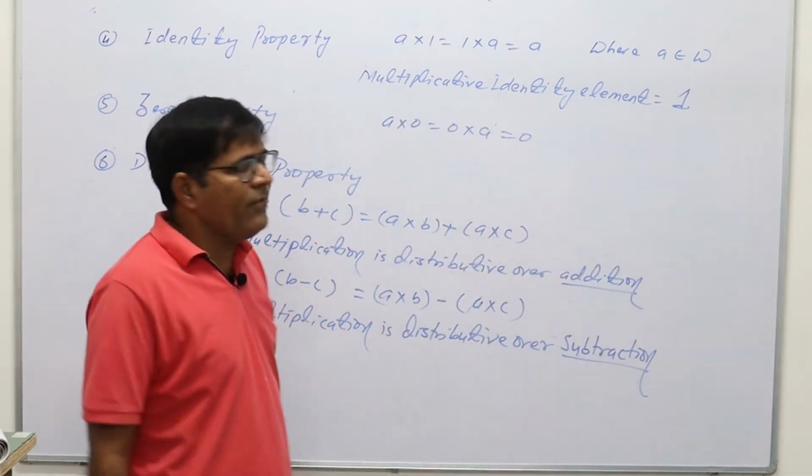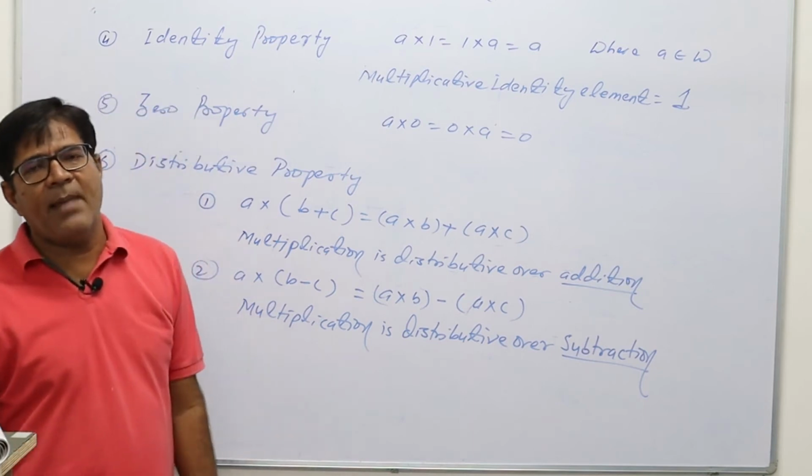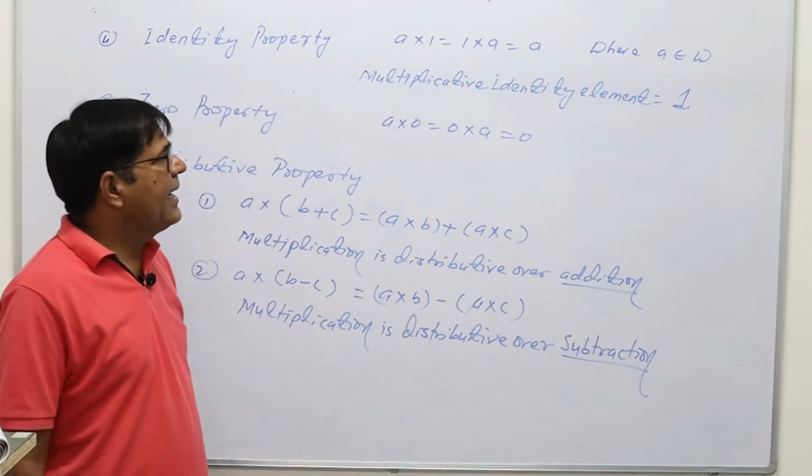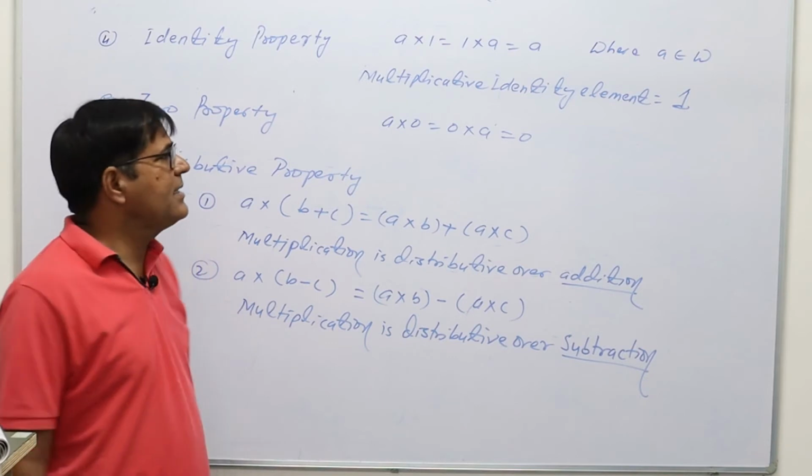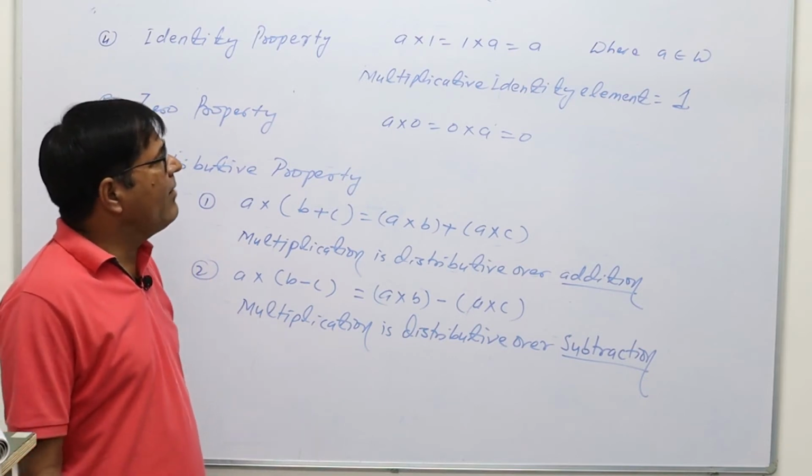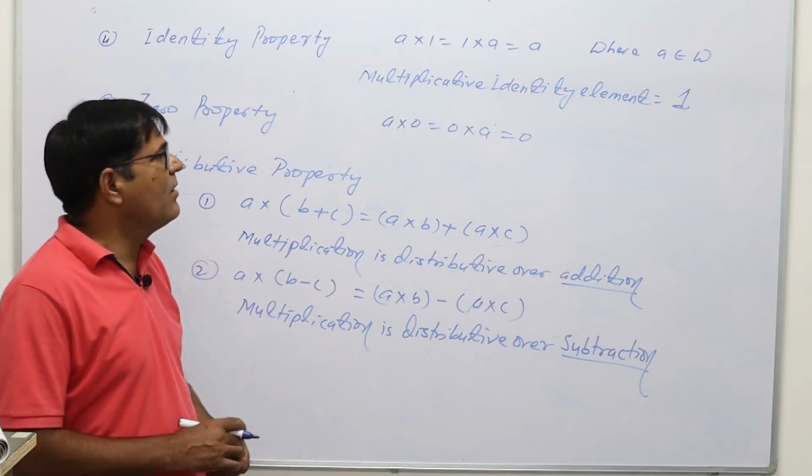Why? Because if we multiply any given number by 1, its value will never change. So, the multiplicative identity element is 1.